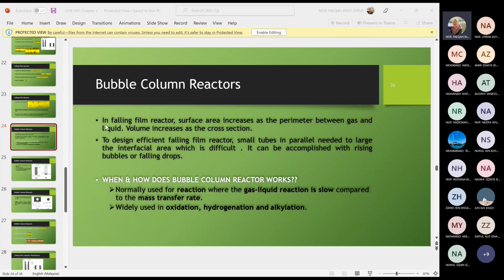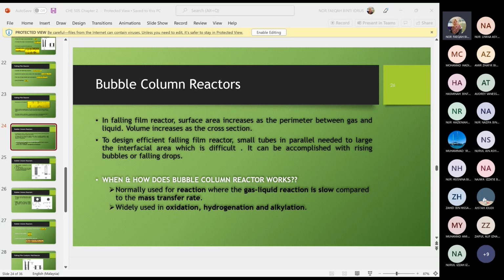So gas bubbles are introduced at the bottom. If you look at the bubble column here, the gas bubbles come from the bottom, and the liquid already fills the tube. So this is the tube of the reactor vessel. The bubbles rise, the gas separates from the liquid in the head space, and pure liquid is withdrawn at the bottom.